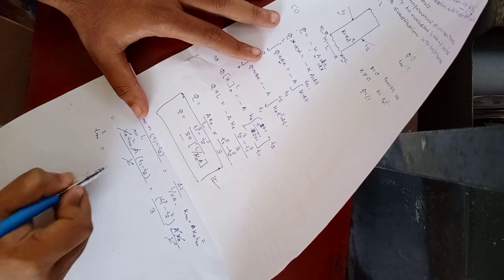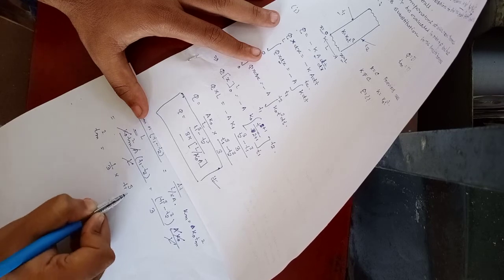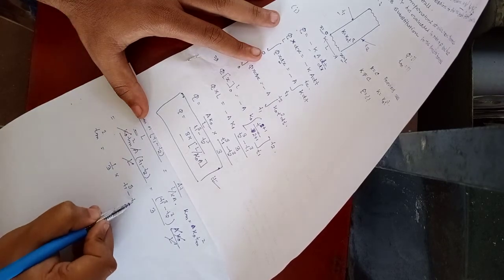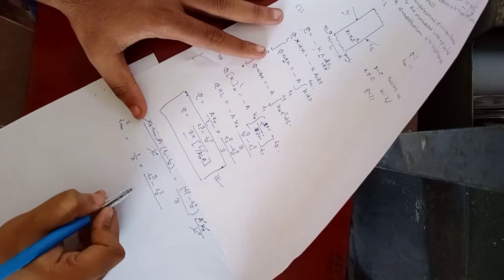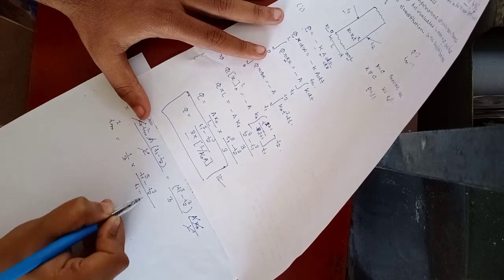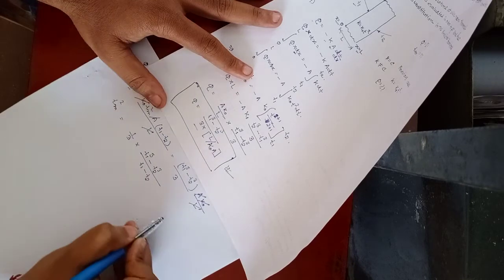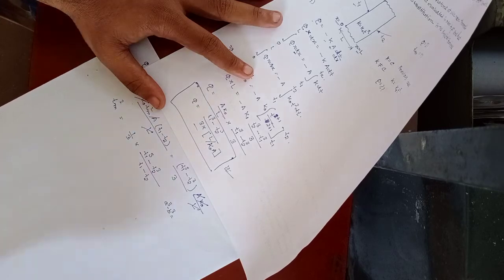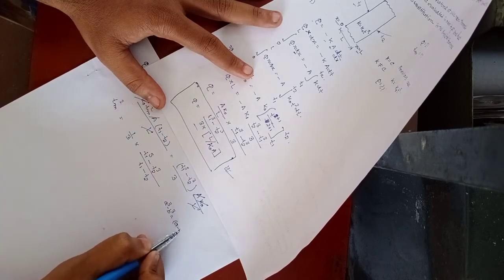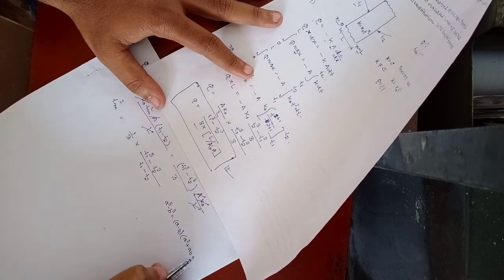Tm square is equal to 1 by 3 multiplied by T1 cube minus T2 cube by T1 minus T2. Now we have to mathematically manipulate it, so we will use the formula of A cube minus B cube. What is the formula of A cube minus B cube? It is nothing but A minus B multiplied by A square plus AB plus B square.